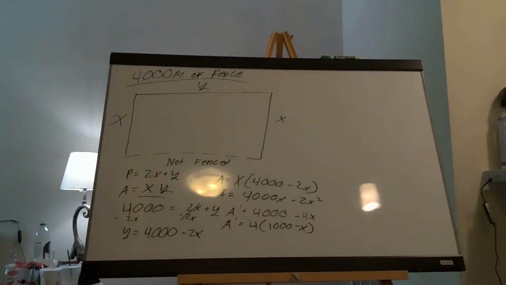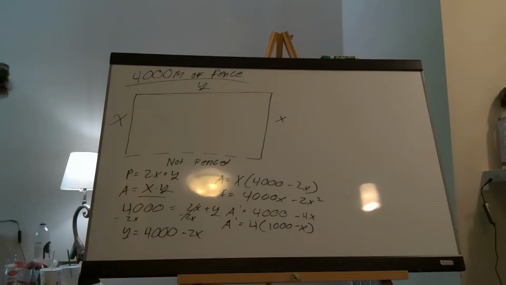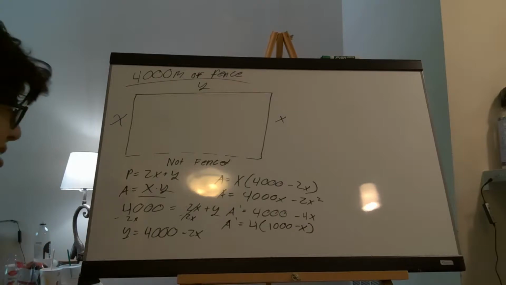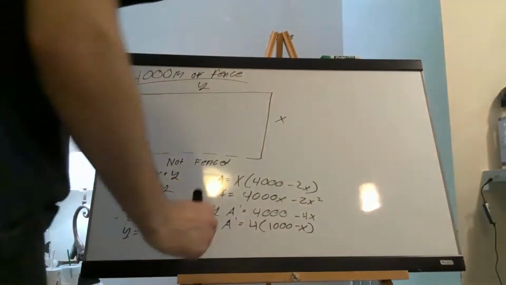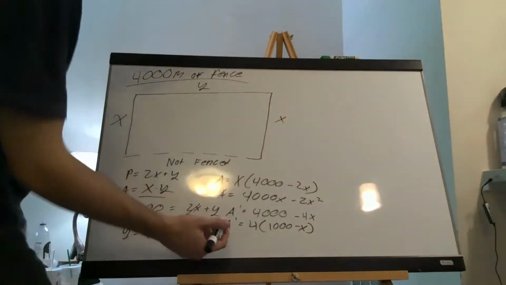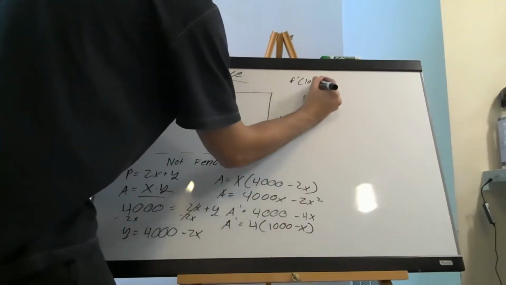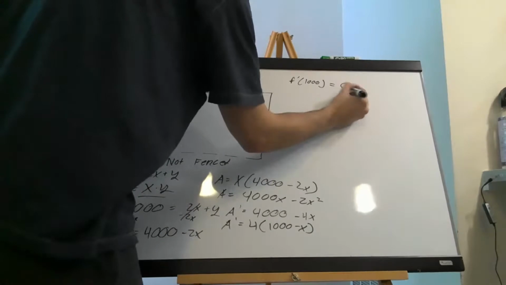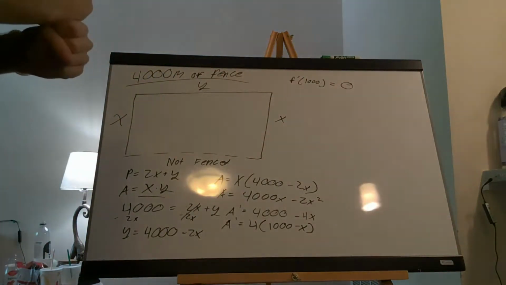Oh, by the way, I never told you guys what the problem was because I didn't want you to know. So now I'm gonna keep not telling you what the problem is and then solve it. And then I'll let you know what's going on. So check this out, right? 4,000 minus 4x. So the critical number is x equals 1,000, where A prime is equal to 0, right? Now let's take that critical number.